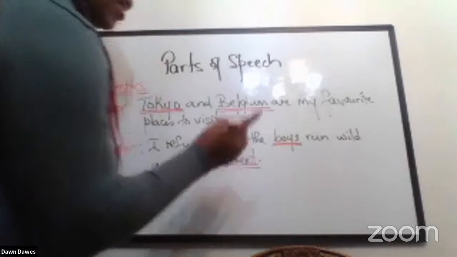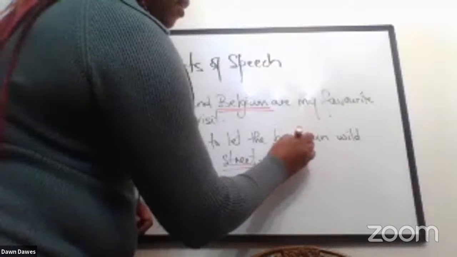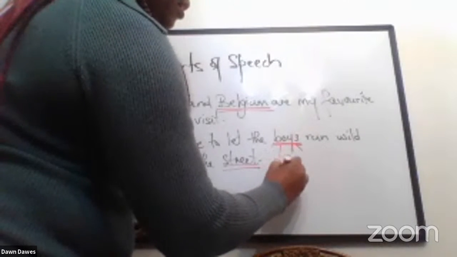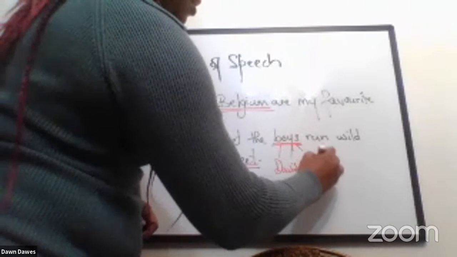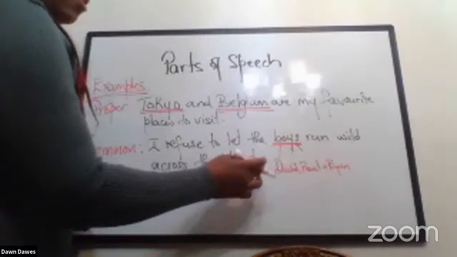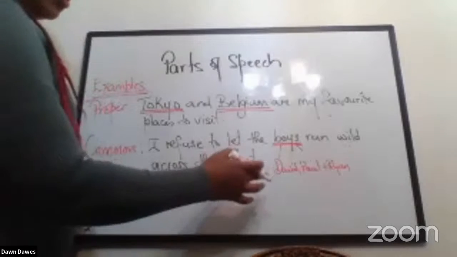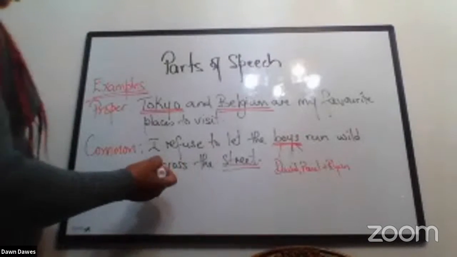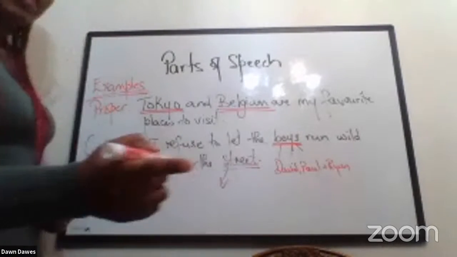You think? Now, let's look at it. Boys. Let's say here we have David, Paul, and Ryan. So right there, rather than saying, I refuse to let David, Paul, and Ryan run wild across the street, we replace it with boys. It's much easier. Then we have street. What if this street had a specific name?